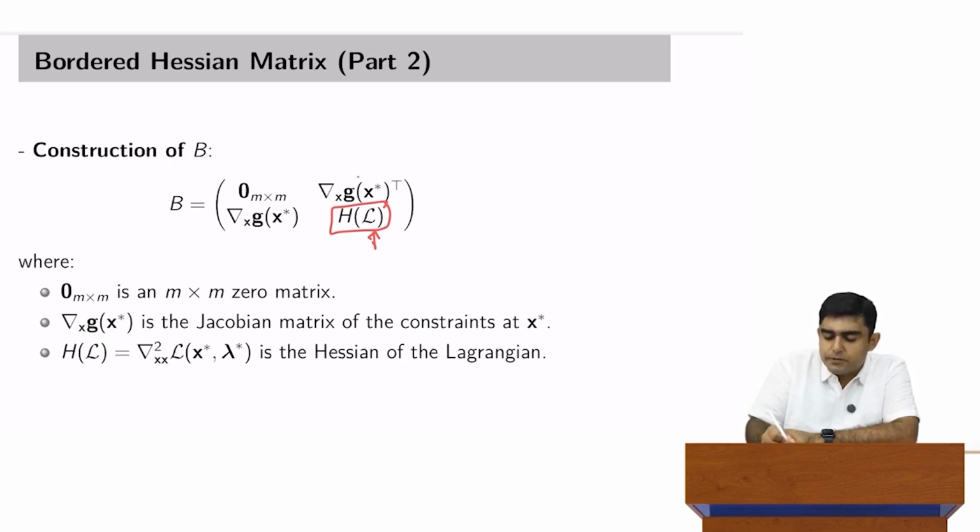Then on top we will be bordering this Hessian matrix with the gradient matrix of G of x and the gradient matrix of G of x transpose. So, the transpose goes here and the original matrix goes here, and to ensure that it remains a square matrix, we will be padding it with zeros.